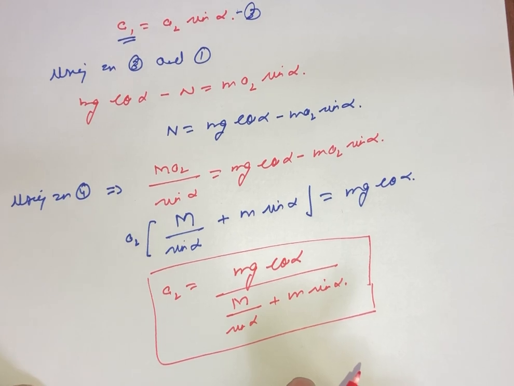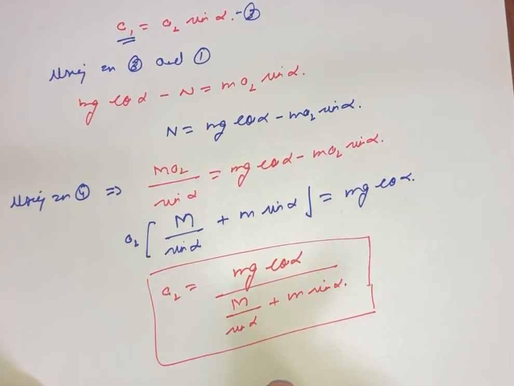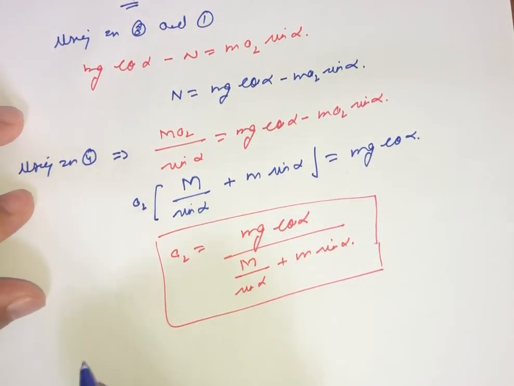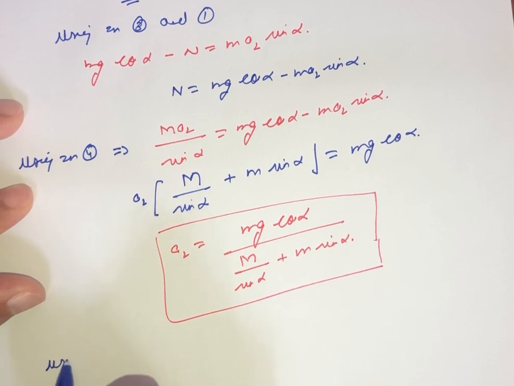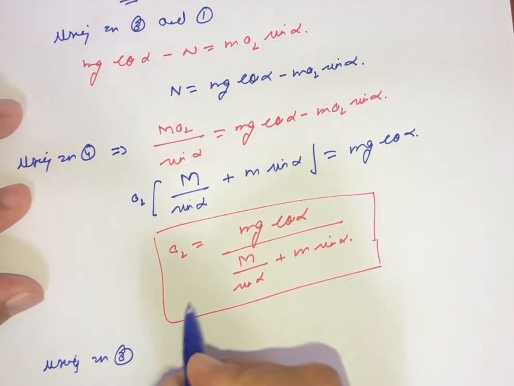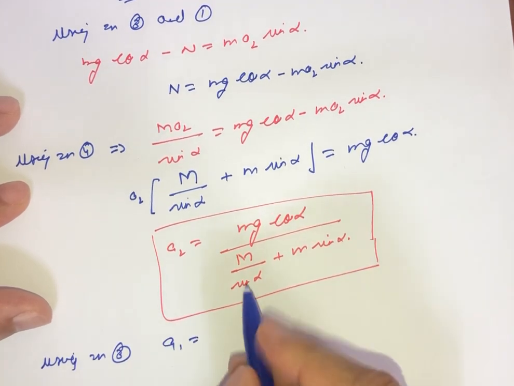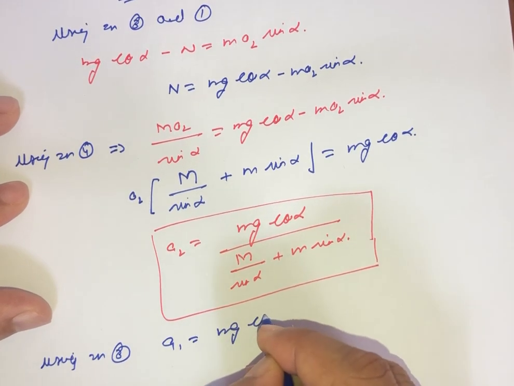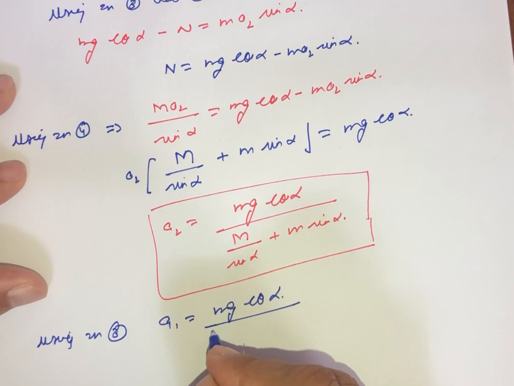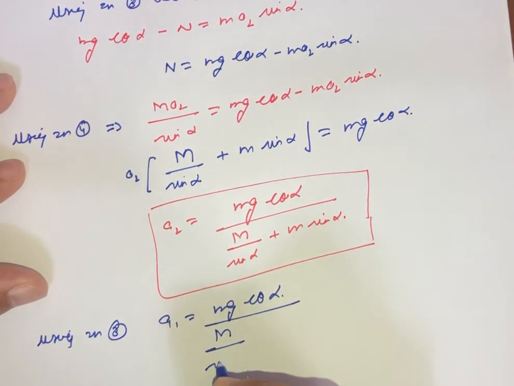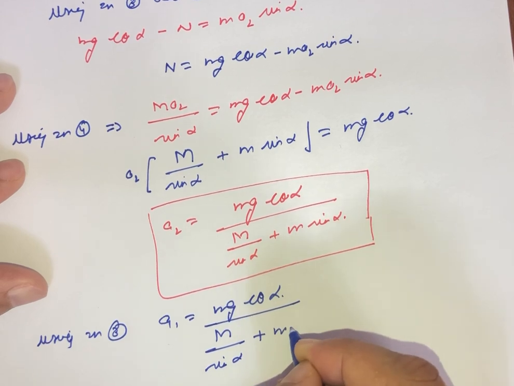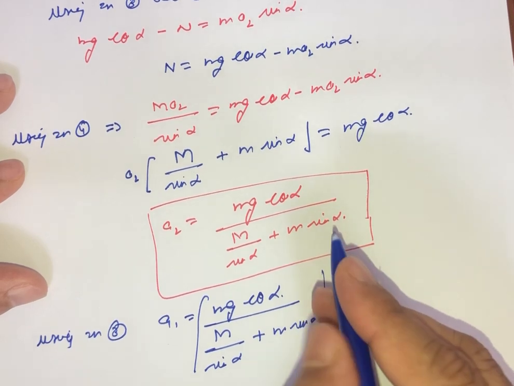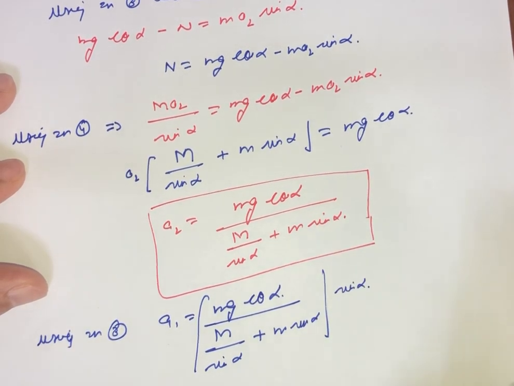So this is our A2 acceleration, and we can find A1 by using equation 3. Using equation 3, A1 is A2 sin alpha, and we put A2 as mg cos alpha divided by (M divided by sin alpha plus m sin alpha).